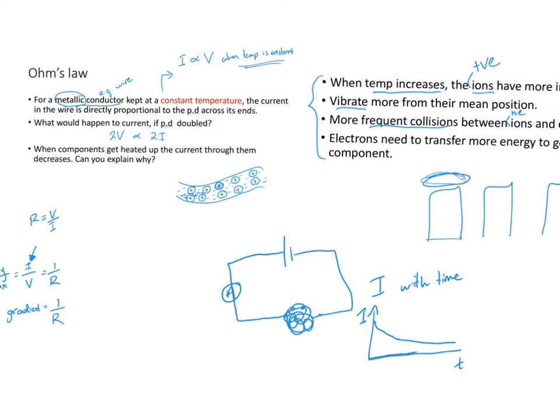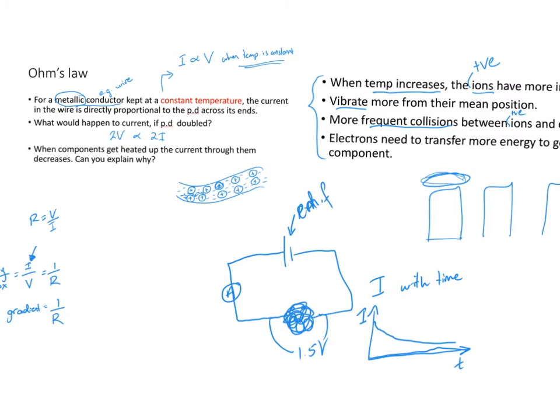Now, as time goes by, the current through this bundle of wire is decreasing. We know that the potential difference is the same. Well, the EMF actually, but let's assume that there's no energy loss, so the potential difference will be 1.5 volts.